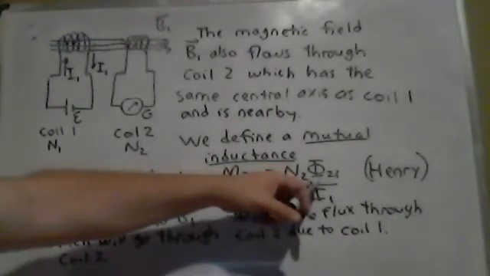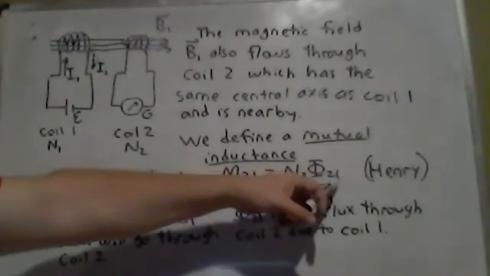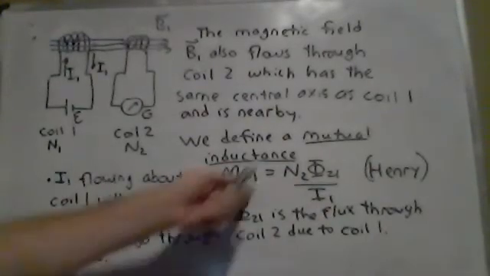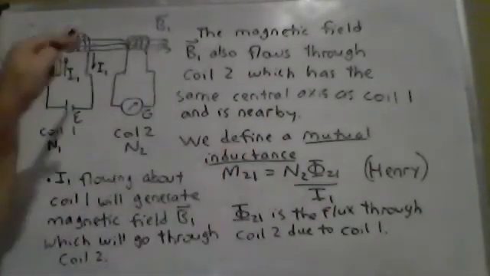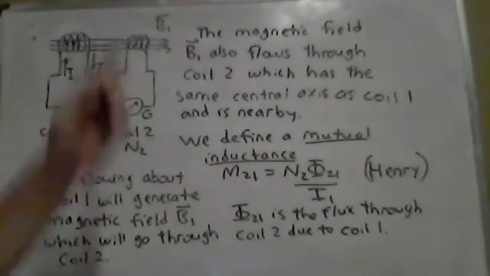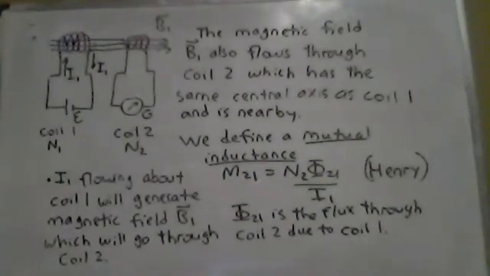It'll have a flux Φ21, the flux in coil 2 due to the magnetic field from coil 1. And the number of flux linkages, well, you'd use the number of turns in this coil, coil 2. And what current is setting this up? It's I1. I1 is the current that's in the battery that's causing all of this to happen.